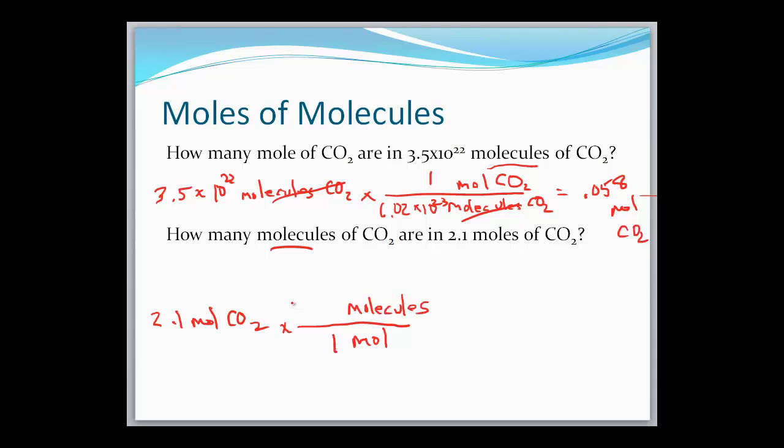So 1 mole is 6.02 times 10 to the 23rd molecules, and it's a good idea to write what you're talking about. So moles cancel. Do the math. 2.1 times 6.02 times 10 to the 23rd gives you 1.26 times 10 to the 24th, and the unit is molecules.